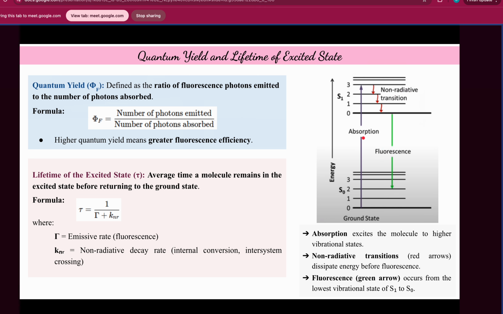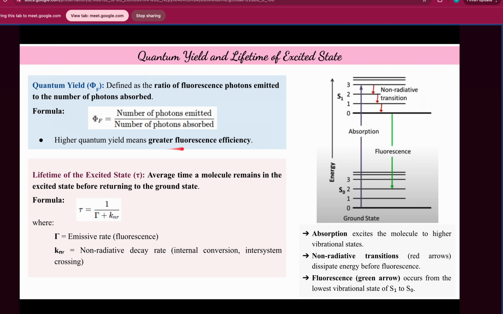Intensity of light simply means how many photons there are. So the number of photons absorbed will always be greater than the number of photons emitted. Quantum yield will tell you what that difference is. It is the ratio, and it will always be less than 1.